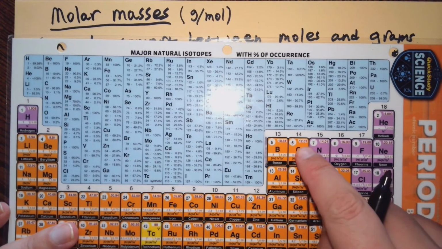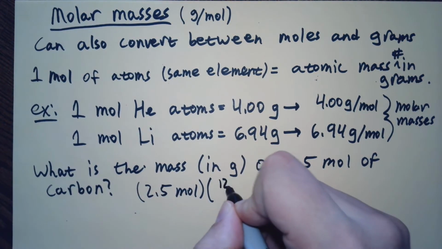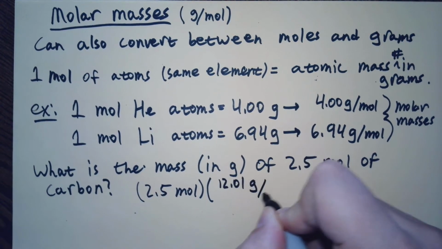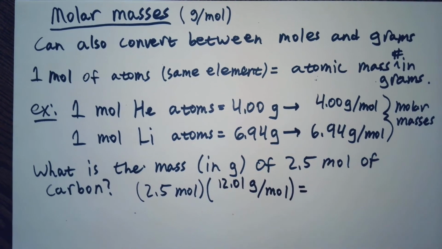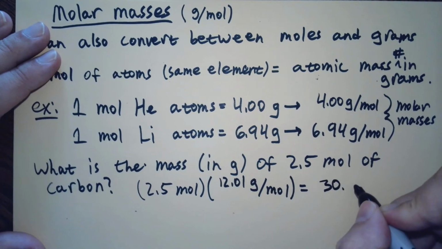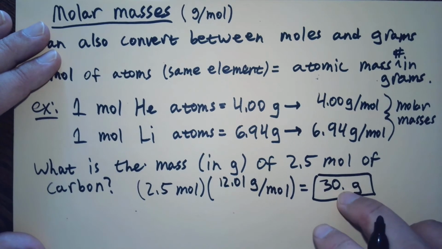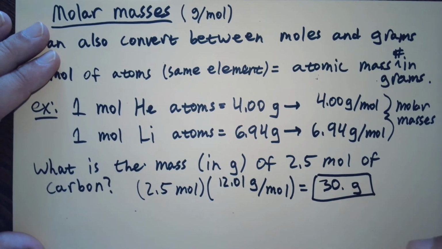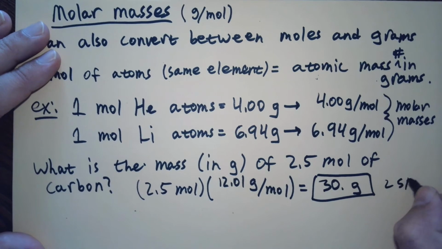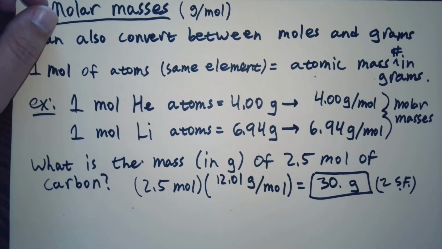So there's 12.01 grams for every mole. And then I just calculate it out. It ends up being, I only get 2 sig figs, 30. grams. And I put the dot there so you know that that 0 is significant, but there's nothing after it. A little flashback to sig fig land from a couple weeks ago.